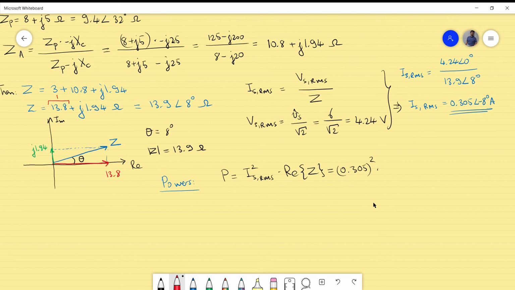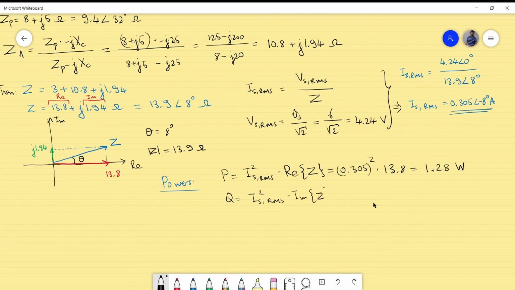This is the real, and this is the imaginary part. So I will use those values for the P and the Q. So I will have 13.8 times the 0.305 quantity squared, which will result in 1.28 watts.